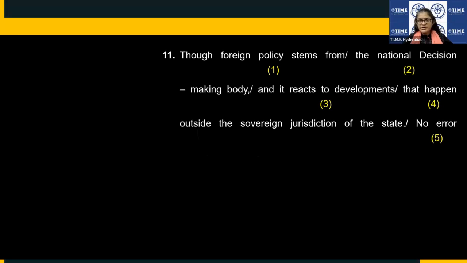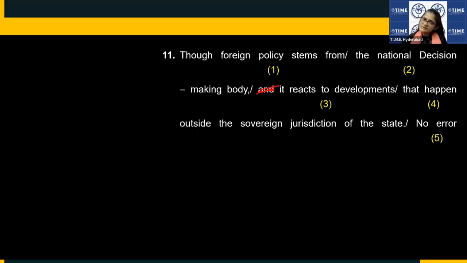Though foreign policy stems from the national decision-making body and it reacts to developments that happen outside the sovereign. Okay. Though foreign policy stems from the national decision-making body, it reacts to developments that happen outside the sovereign jurisdiction of the state and does not have any place here.